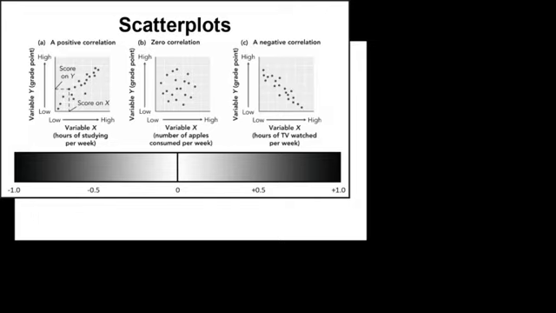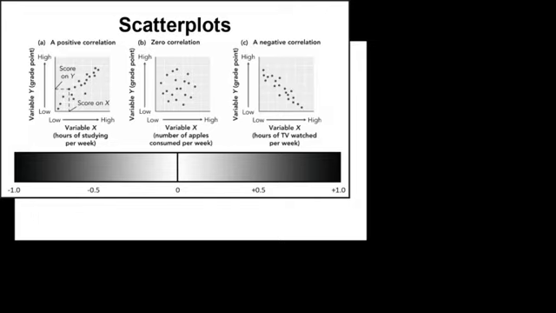So we have some extra examples, some visuals of a positive correlation. If one variable gets larger, the other also gets larger. In the middle, we have what 0 correlations would look like, where it's kind of messy and scattered. There's no way to draw a line through the middle of that data that is the best way to describe it.